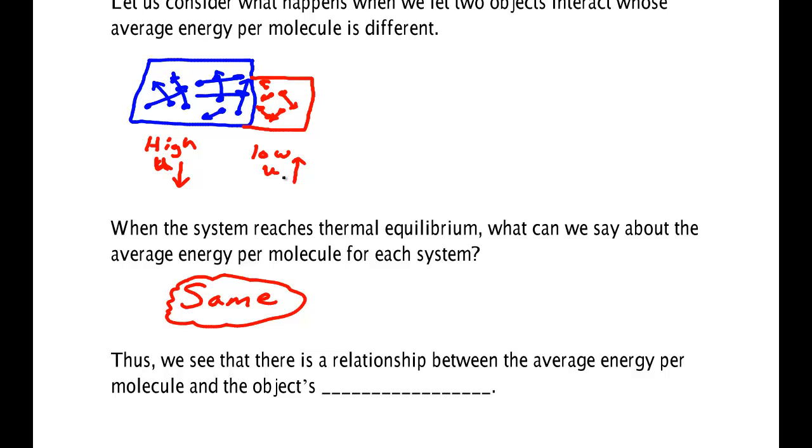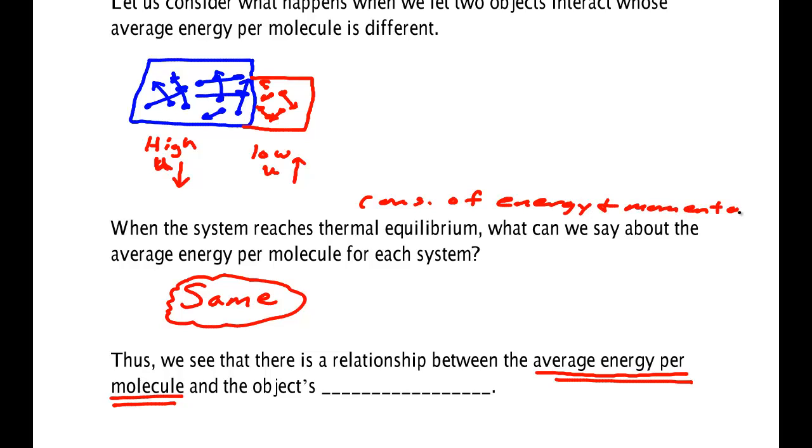But we said thermal equilibrium meant the same temperature. And now we're saying it has the same energy per molecule. So there is a relationship between the average energy per molecule, just colliding billiard balls, conservation of energy and momentum in collisions, and an object's temperature.